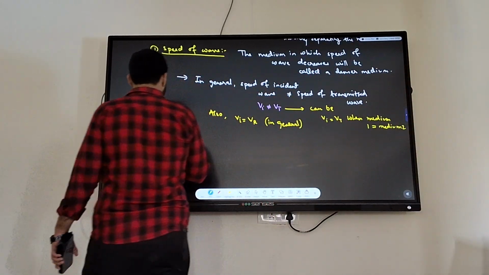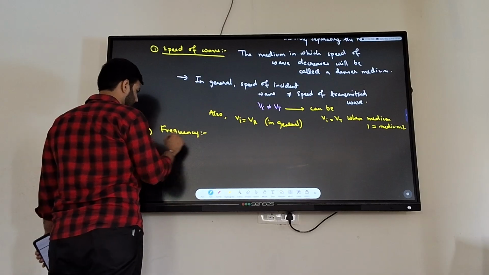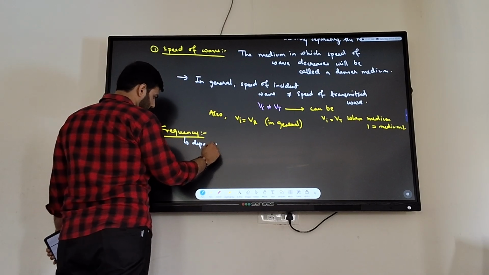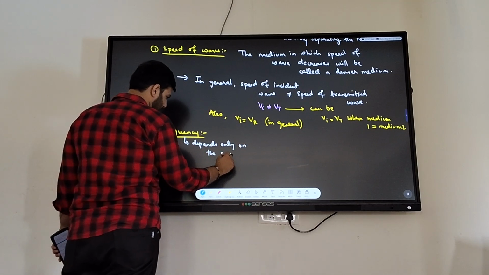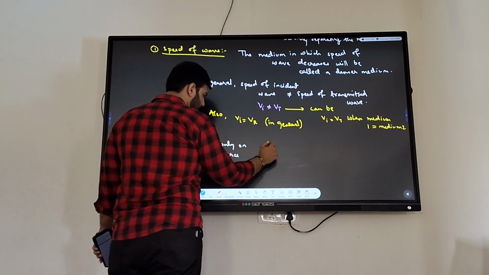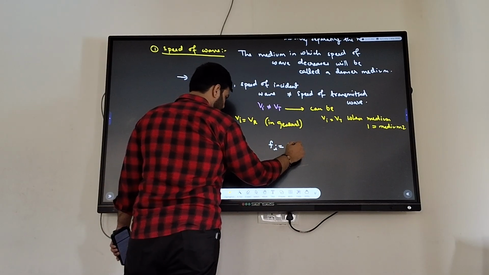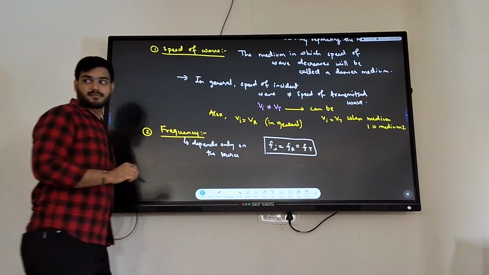So frequency depends only on the source, and that means you can write Fi is equal to Fr, which is equal to Ft. Is there any problem in this statement?